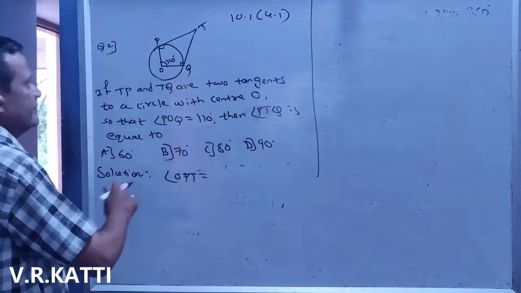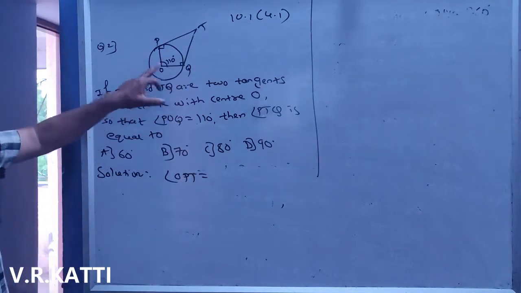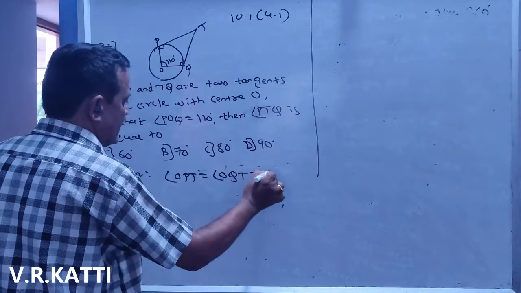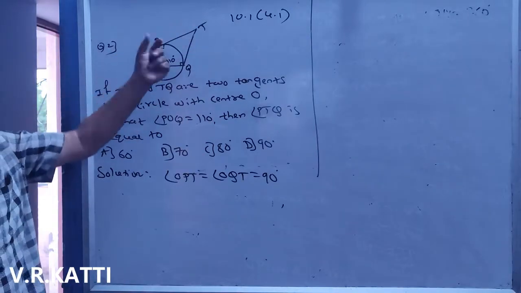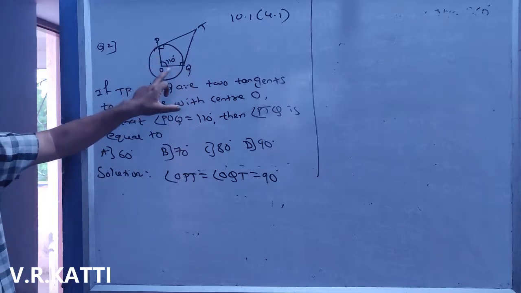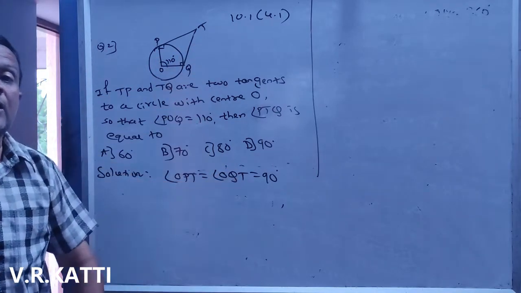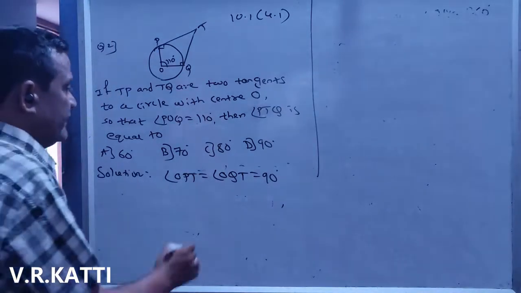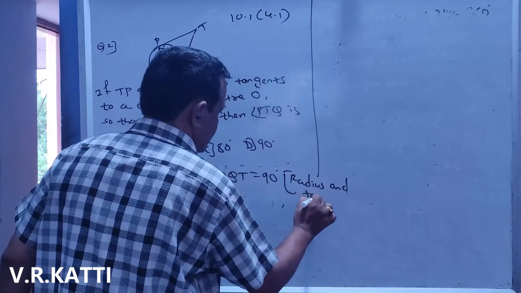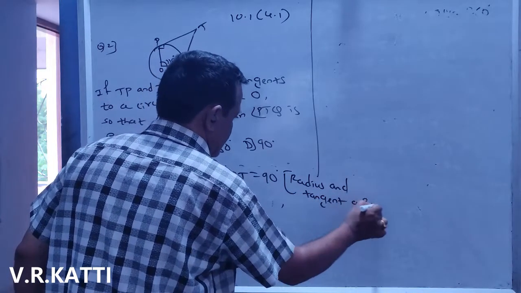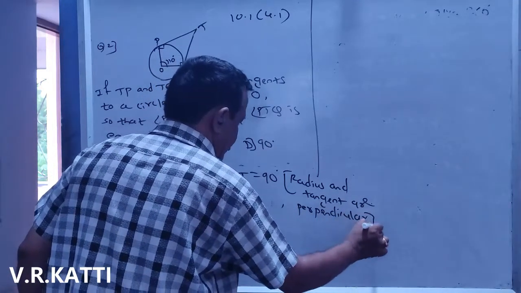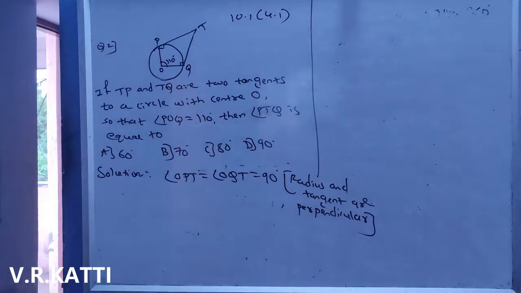So angle OPT is 90. OQ is a radius, QT is a tangent, angle OQT is 90. The reason: radius and tangent are perpendicular at the point of contact.